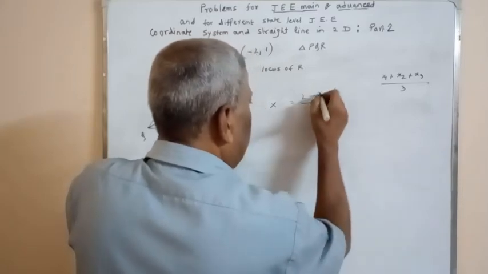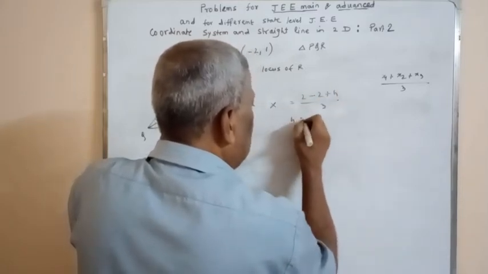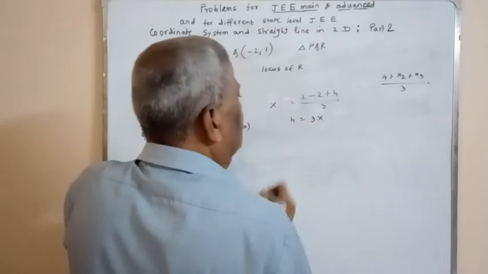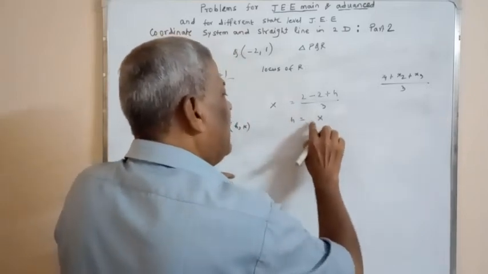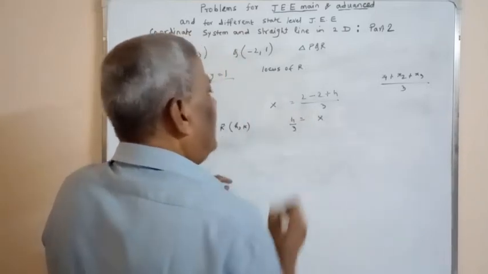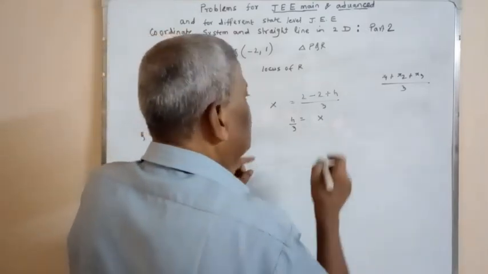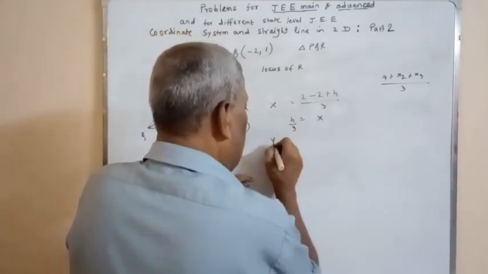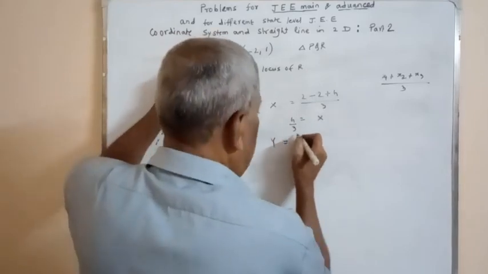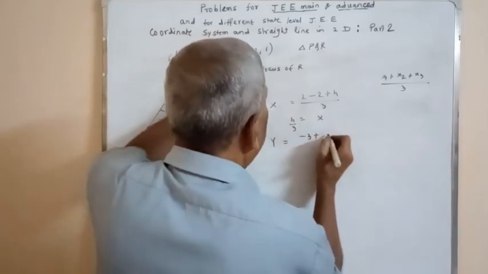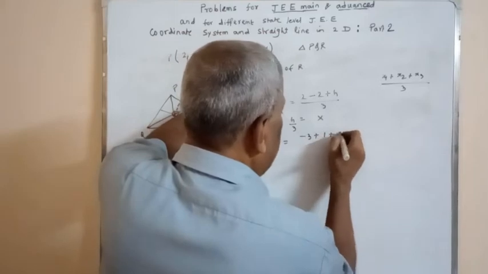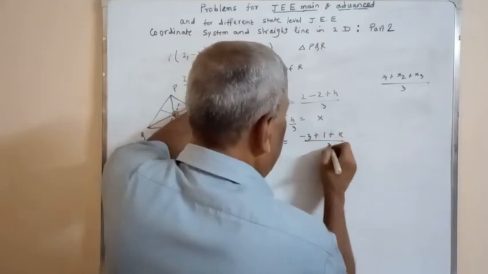That means they cancel, so h is equal to 3X, rather X is equal to h by 3. Similarly, the y-coordinate, capital Y, is equal to (this plus k) divided by 3.